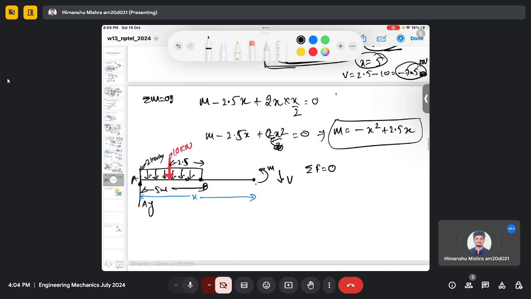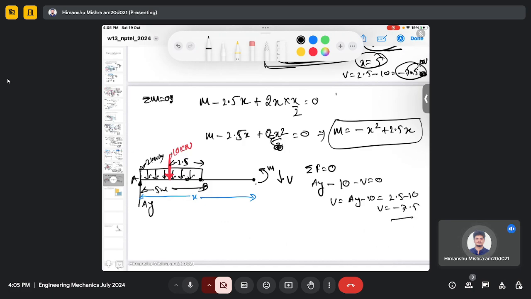So it is Ay minus 10 minus V equals 0. So V equals Ay minus 10. Ay was 2.5, minus 10, so my V will be minus 7.5.